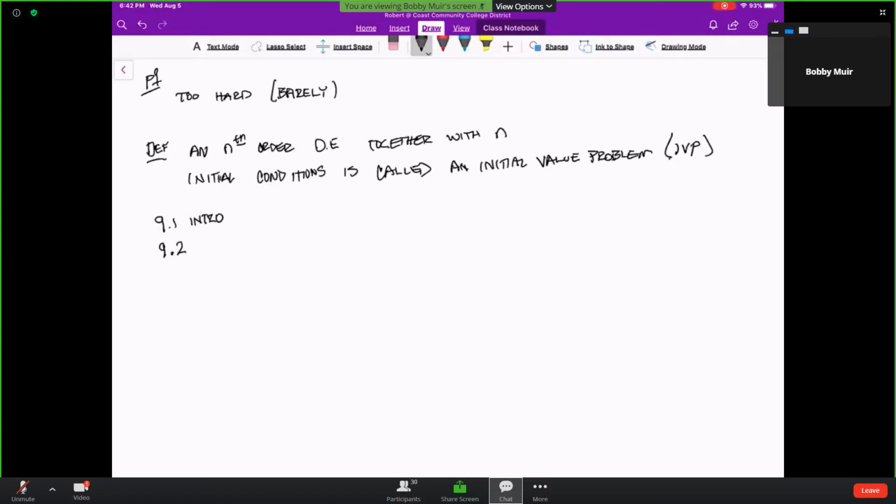9.2, this is where we have all of the geometric results. Now, I'm going to leave it for your 285 professors to talk about the slope fields and the isoclines and stuff.